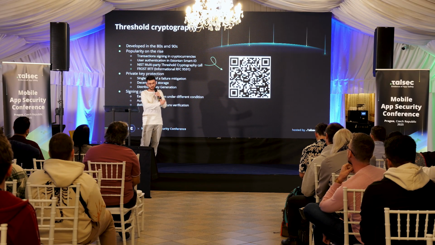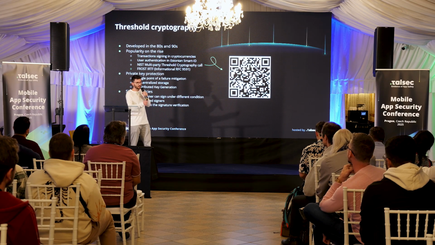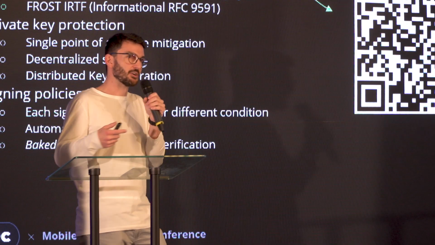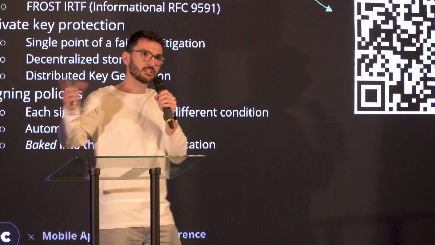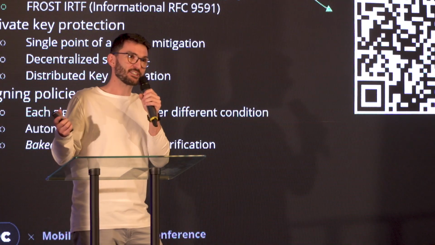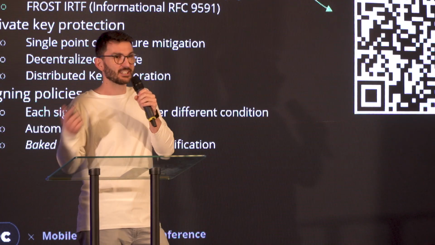What you also have, and we had similar thoughts on this in the previous talks, are different conditions under which you use your share. If you imagine that you have a 2 out of 2 setup with your wife or husband, it's not that unreasonable to see that each of them has different rules for what's a valid transaction, right?